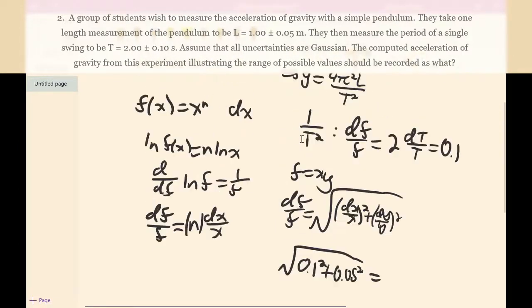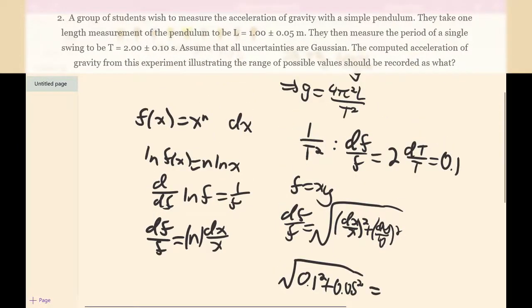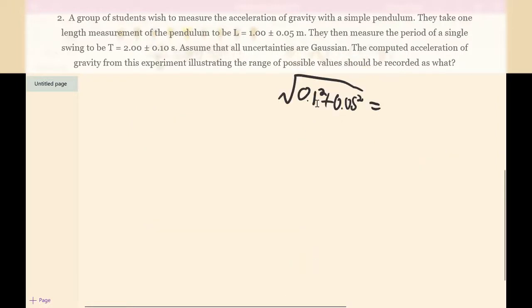There's also a 4 pi squared part, but these constants don't matter. So this is about equal to 0.111, I think, and then we can calculate it. This is actually an F equals ma problem, so it should be multiple choice.